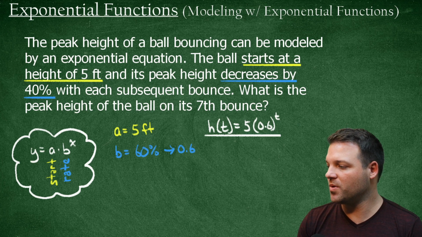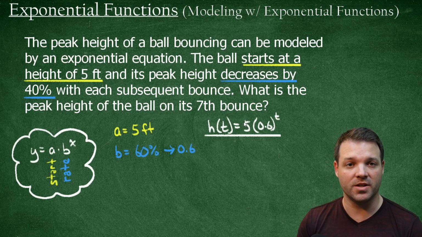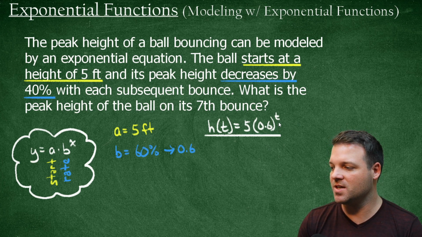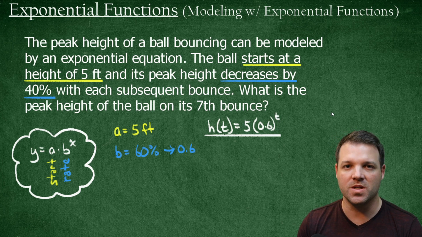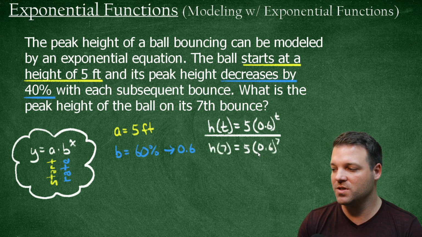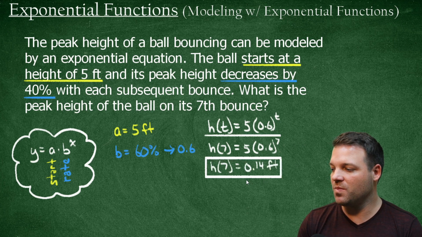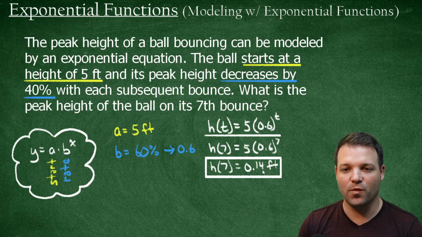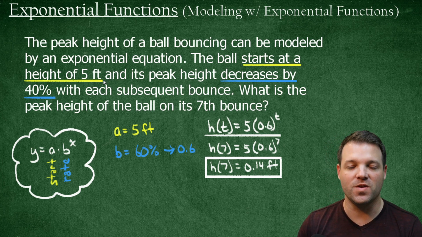And so now we're prepared. We've modeled this situation, and we can answer any question at any point in time. What would the peak height be for that given bounce? In this case, on the 7th bounce, we plug in 7 for t, so 5 times 0.6 to the 7th power, and we get back 0.14. The units are feet. So that's the height on the 7th bounce.